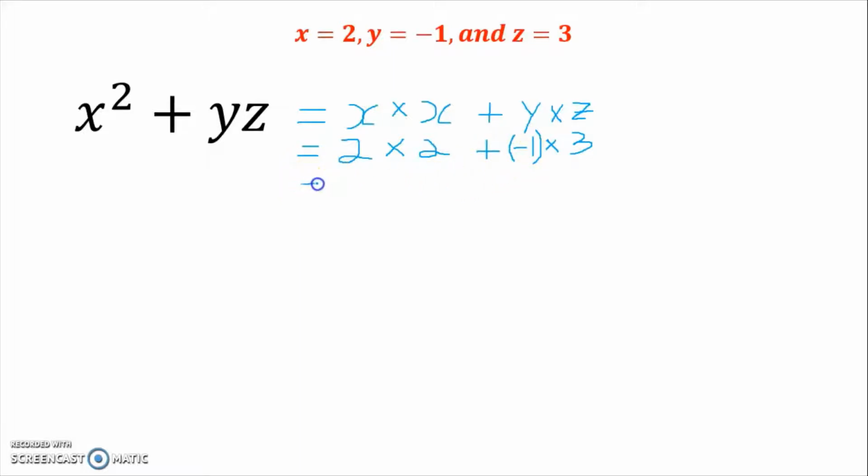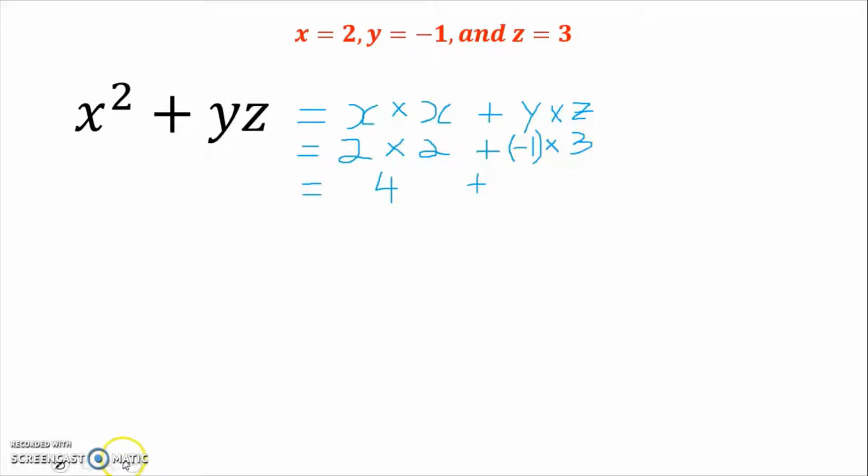Good. So positive 2 times positive 2 is positive 4, right? 2 2s are 4. That's basic maths. Then you add that to negative 1 times 3.